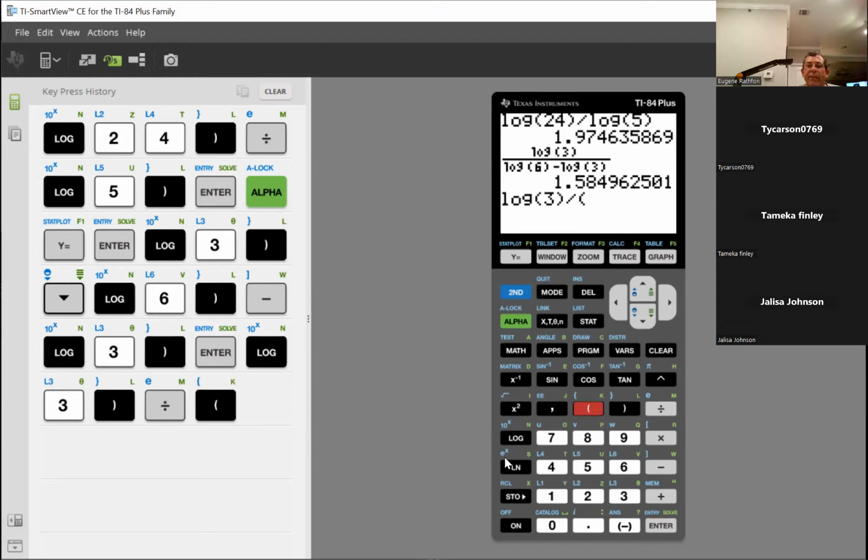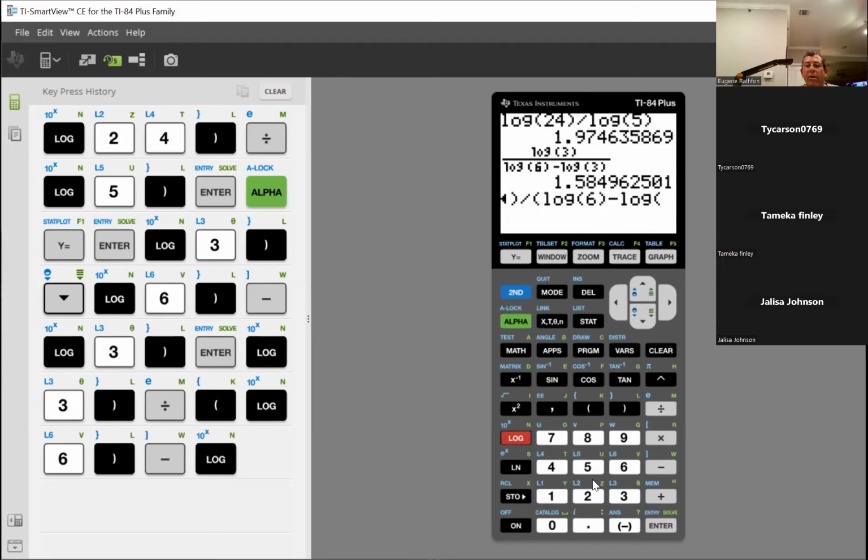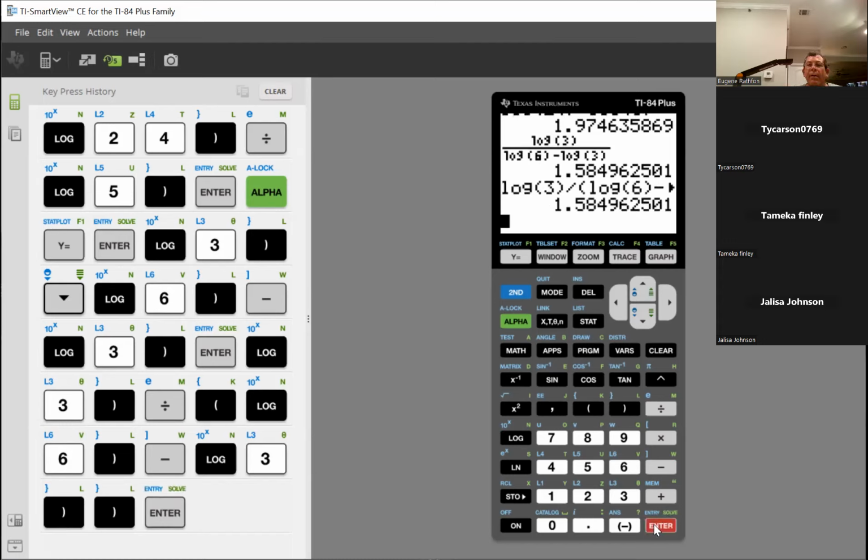So open parentheses, then do your log 6, close this parentheses, minus your log 3, close parentheses, and then close the main parentheses for the bottom. So the bottom has to have an extra set on it. But look, when you hit enter, you get the same thing, 1.58496, okay?